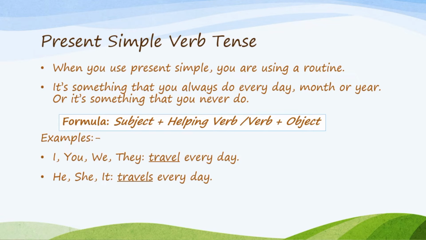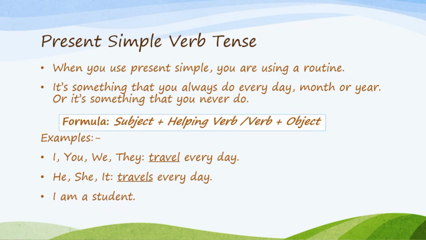When we are using a gender or when we are using the pronoun, we always use the plural verb as a verb in this sentence. In the formula of subject, helping verb or verb plus object, if we are using a verb, we will always use it in a plural form when we are using a pronoun like he or she or it as well, right?